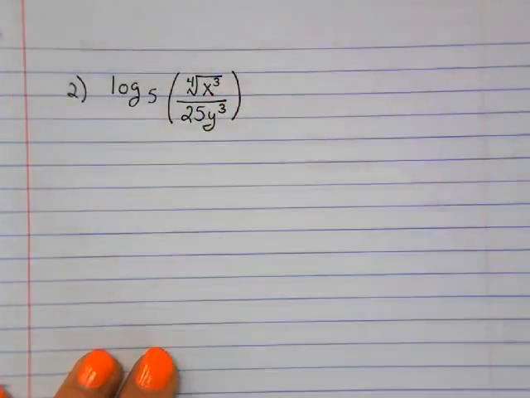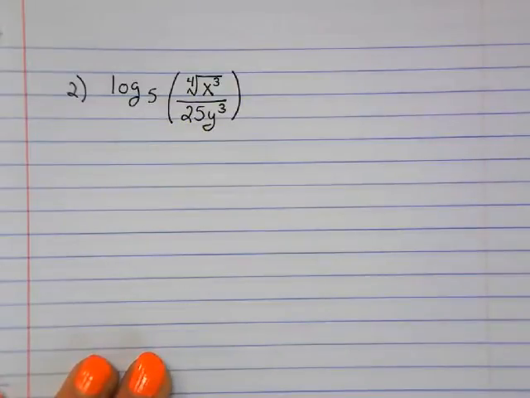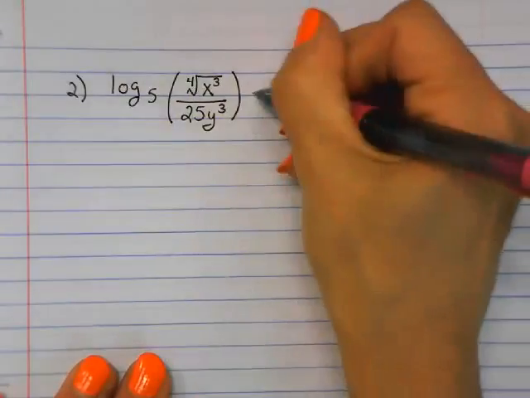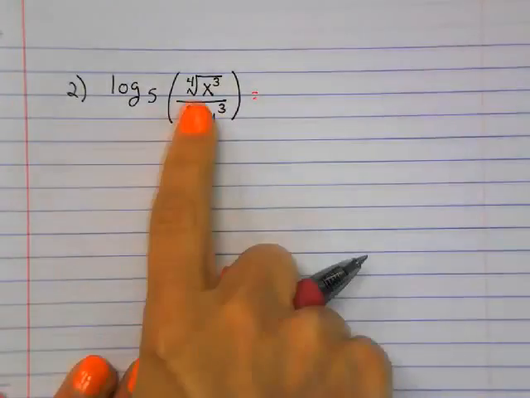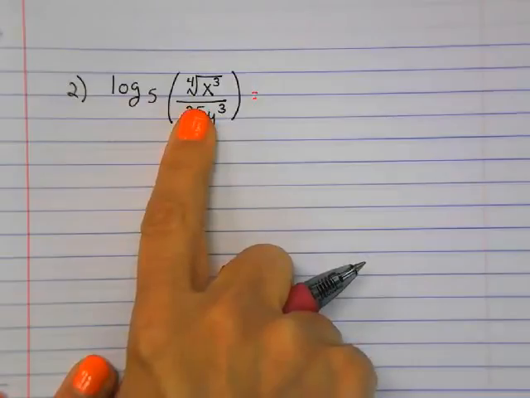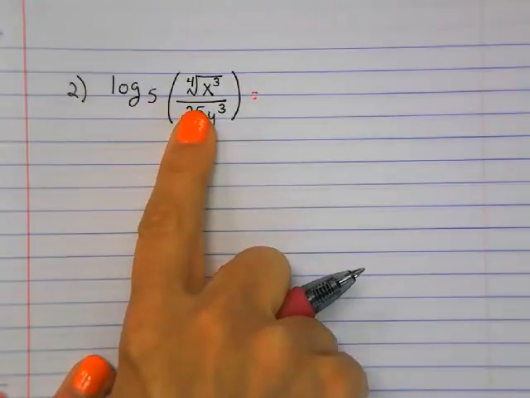Again, I'm going to take mine in little baby steps. So my first baby step is to say, what am I going to write the division as? And I'm hoping that you said you're going to write the division as a subtraction problem.